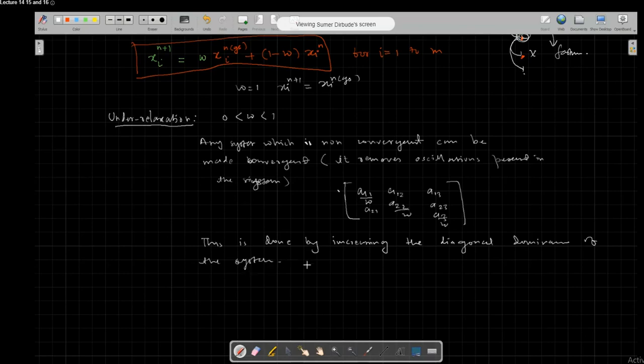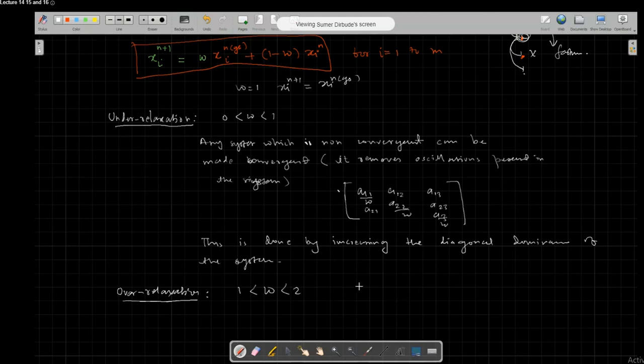Now there is another case that we said, over relaxation. The over relaxation case is the one where omega runs from 1 to 2. Omega value is from 0 to 2. 0 to 1 is under relaxation and 1 to 2 is over relaxation.